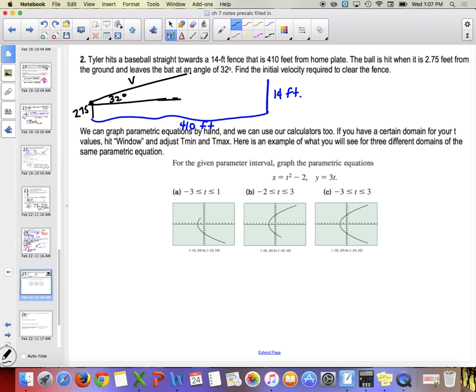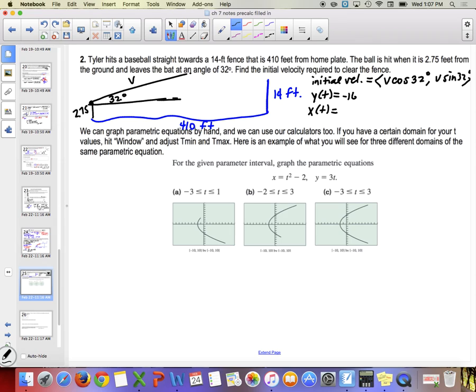So if we write our components of the initial velocity, we're going to have our v times cosine of 32, and our v times sine of 32. And our equations, right, we write our y of t and our x of t equations. Do you guys have this down yet?